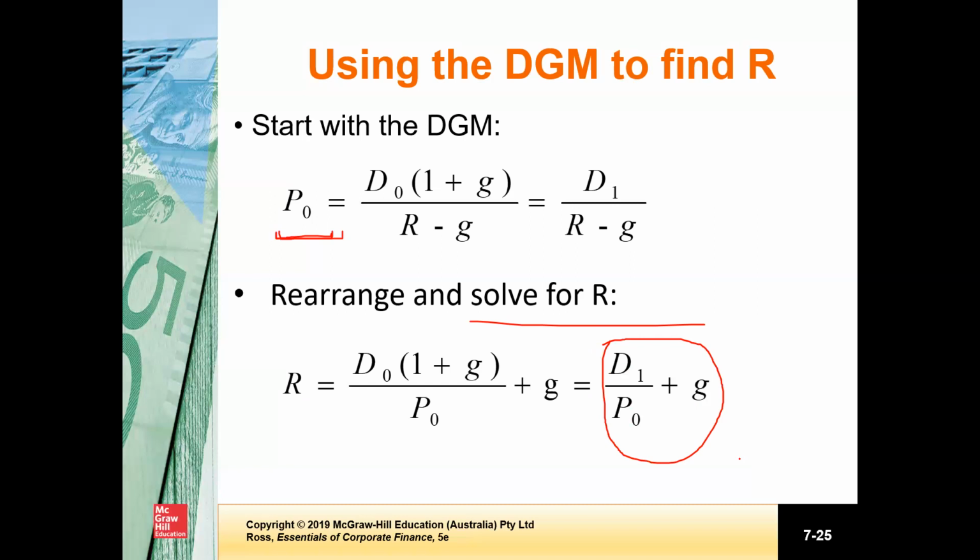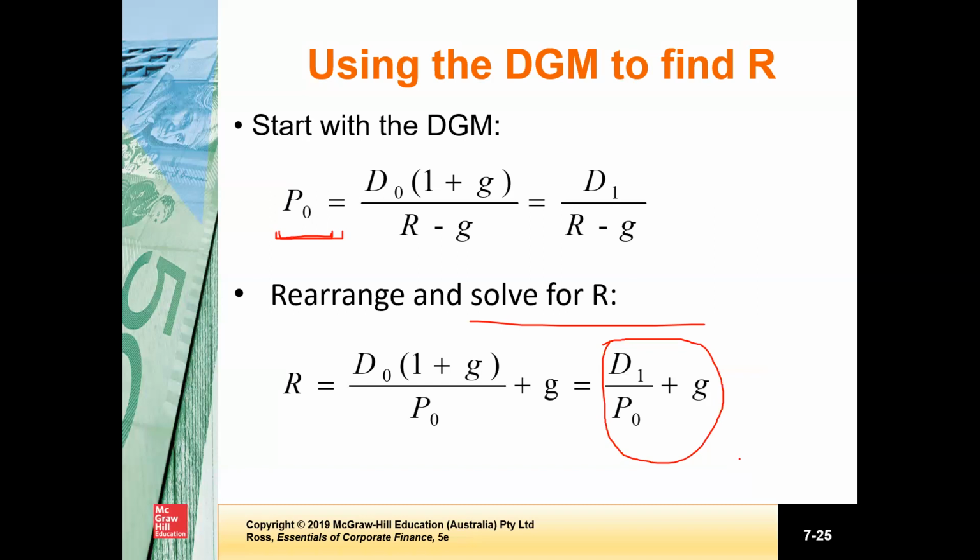Okay, so you might think, how do we find out P0? Look, the P0 that we are so far calculating is our estimated price of the stock. But as a stock is traded, we always have a market value of the stock. So if we take the market value of the stock, we have an estimated dividend of next year, and we have a growth rate, then we can solve for R, the required rate of return.